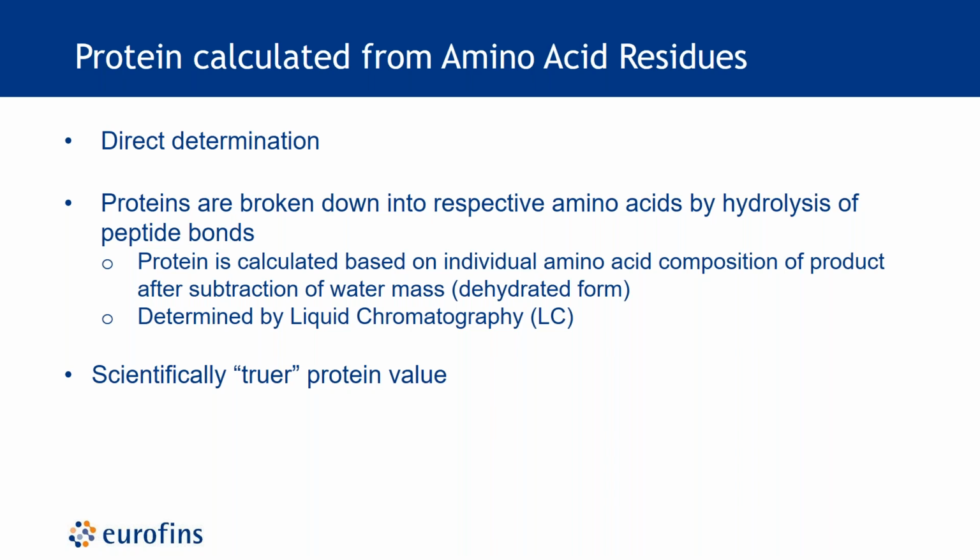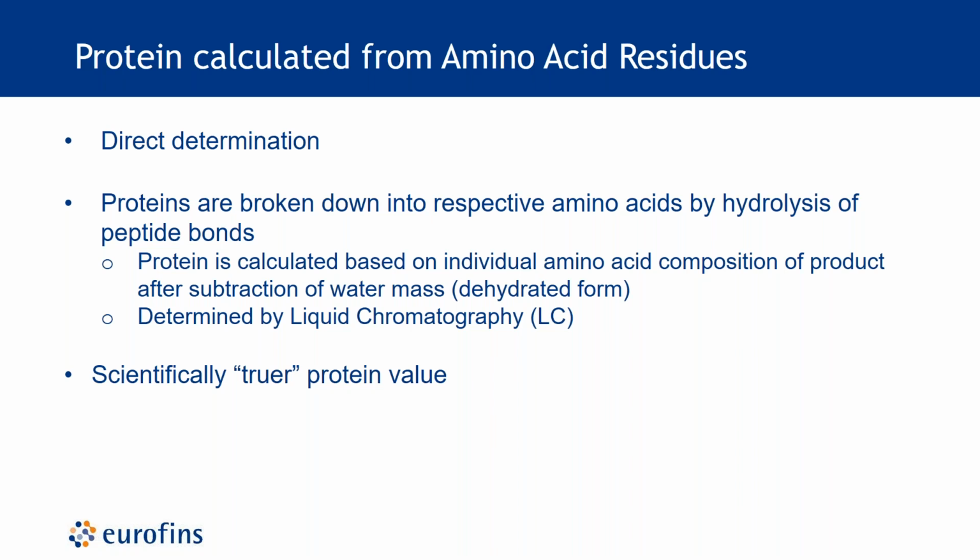Because those proteins are made up of chains of amino acids bonded by peptide bonds, we can hydrolyze them and then quantify them on the LC into their respective component amino acids. Then, when we subtract the water weight, because they're bonded in the dehydrated form, we can sum those together and actually give you a scientifically truer protein value.